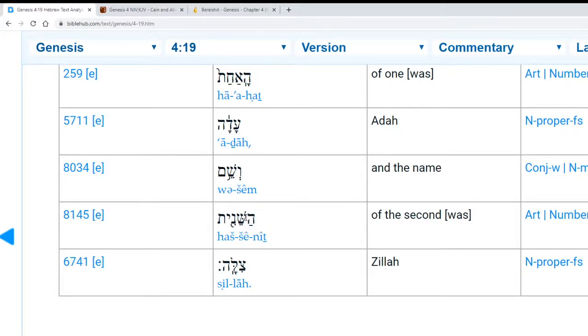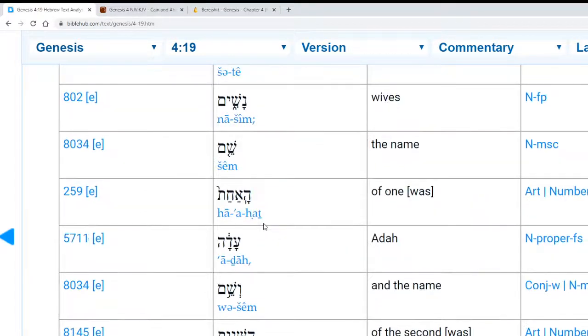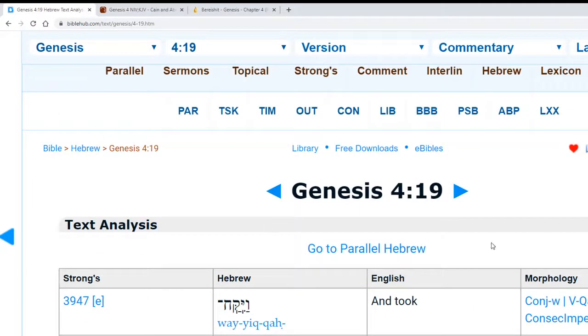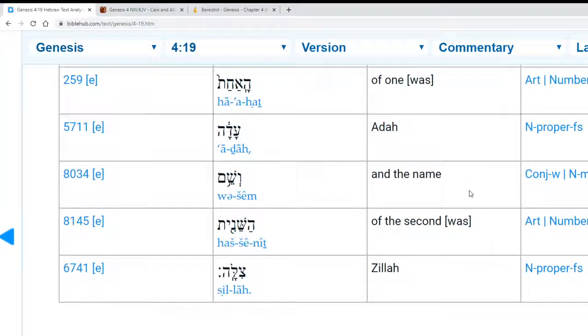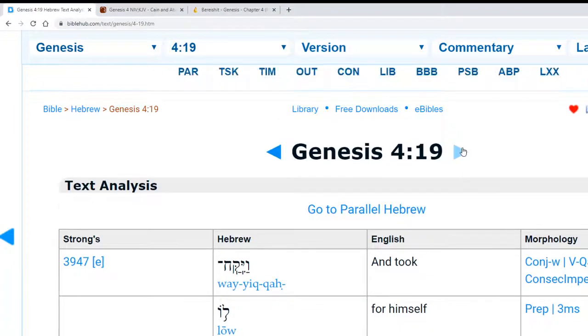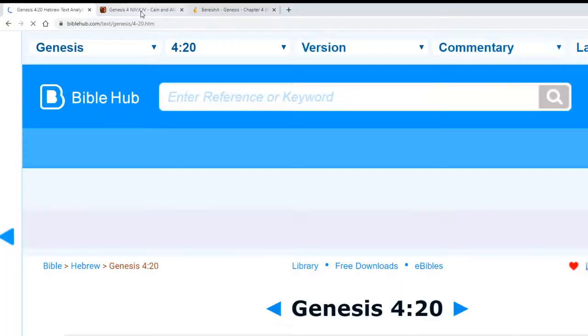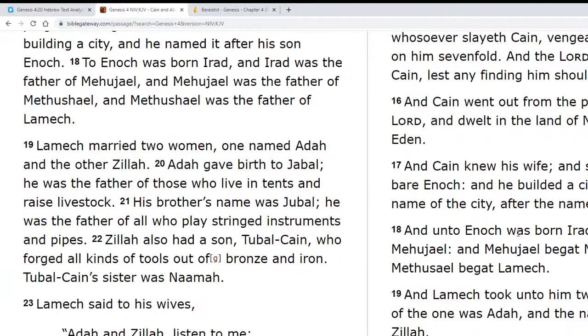So Sheni, like we had the second day, Yom Sheni. So this is Shenit, but this is in the feminine. Tzila. And Tzila, actually, I would say it comes from the word tzel, which means shade. Yeah, it's probably her name comes from the shade, as in shadow, right? Shade.